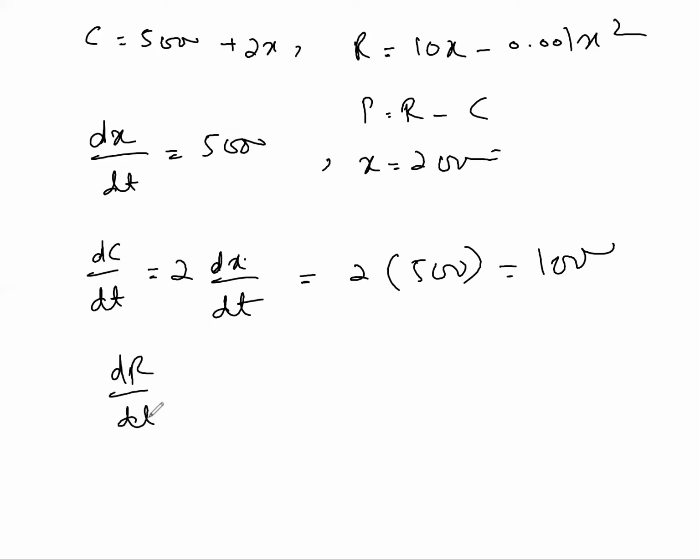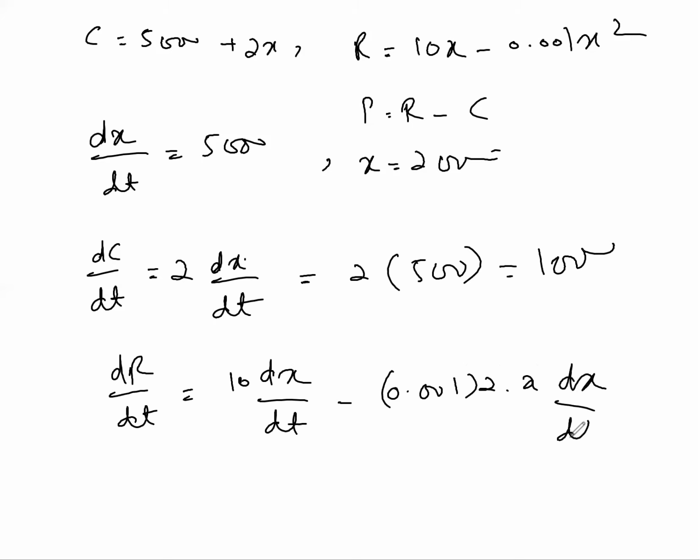Similarly, dr by dt is 10 dx by dt minus 0.001 times 2x dx by dt. You can substitute x and dx by dt, you can get the rate of increase in the revenue. It would be 3000. And likewise, you can find the rate of increase in the profit.